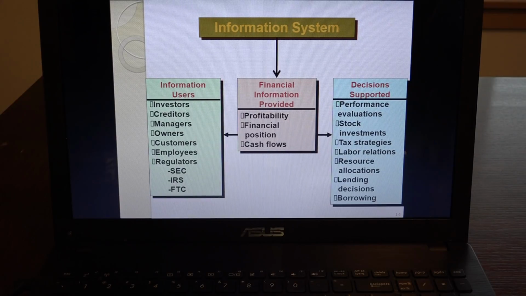Most of you probably know what that means. What is profit? Well, in its basic form it is the revenues of a company minus its expenses, right?